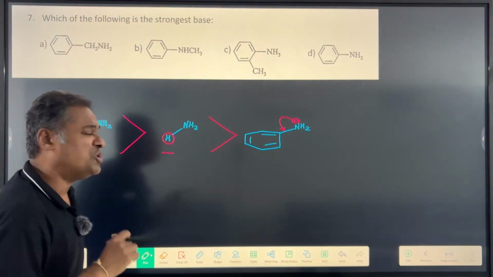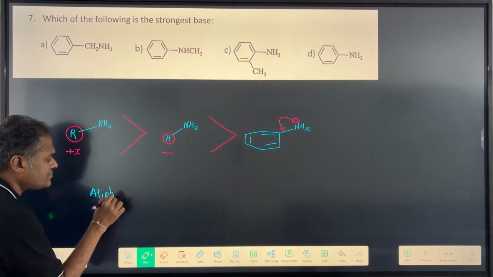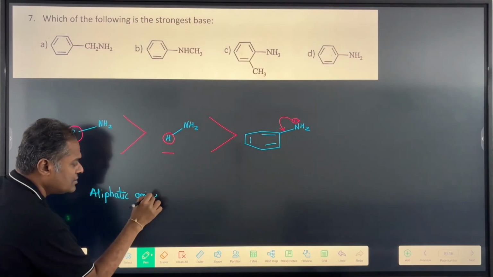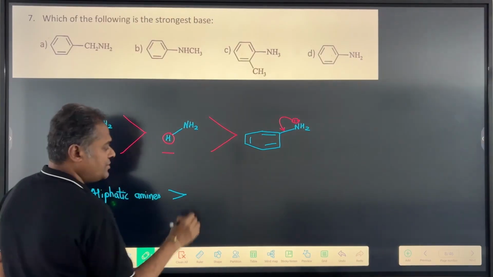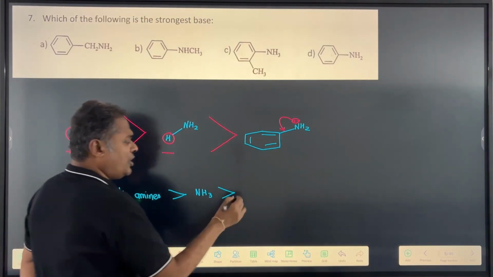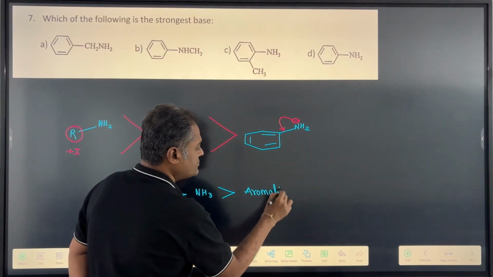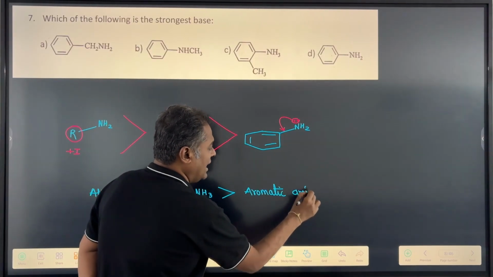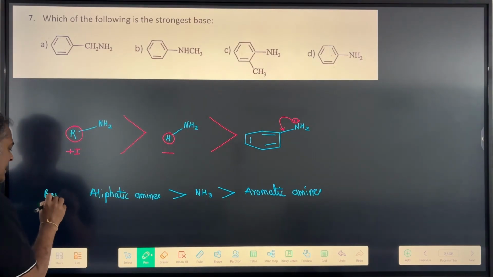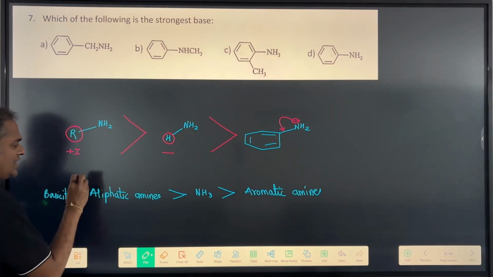The generalization given to you is: aliphatic amines are more basic than ammonia, and ammonia is more basic than aromatic amines. This is the order of basicity. I hope this is clear with you.